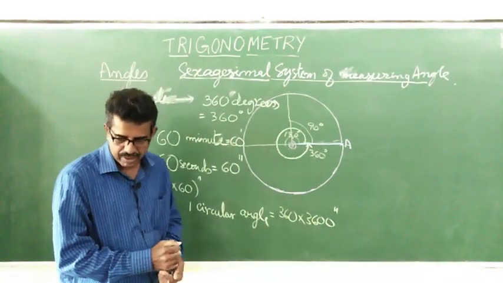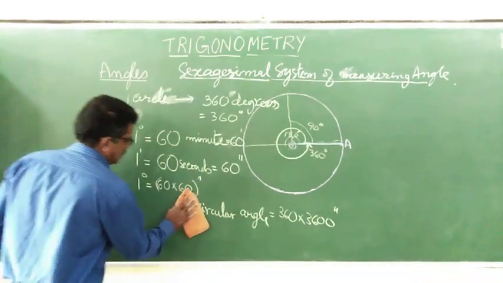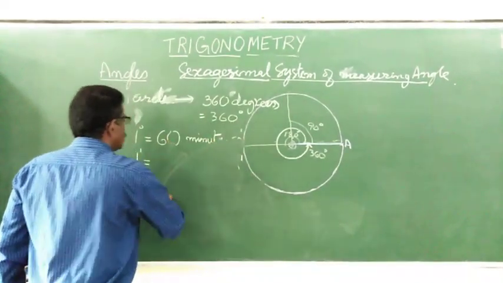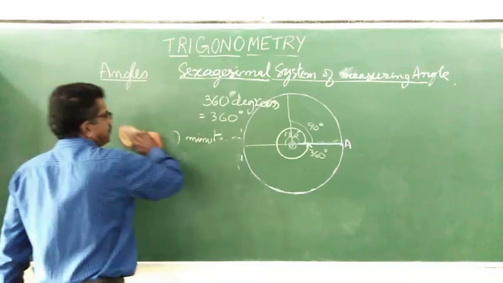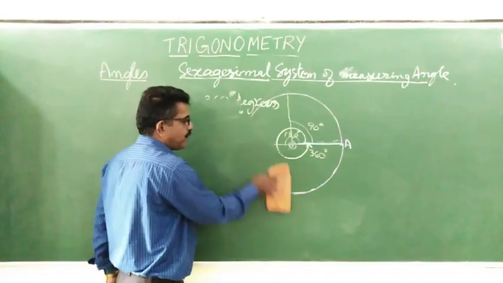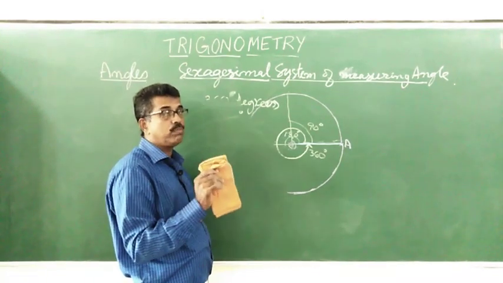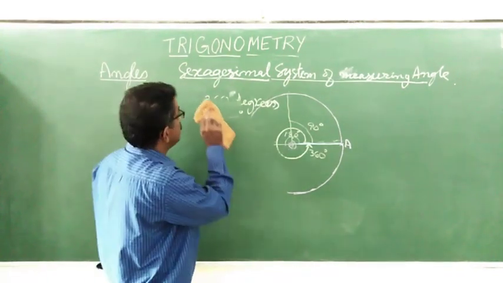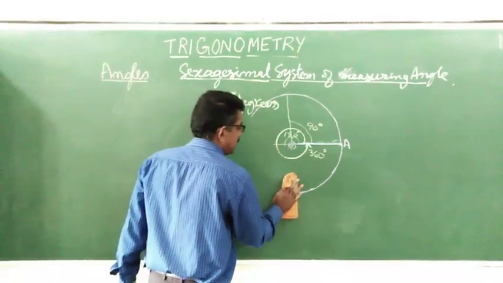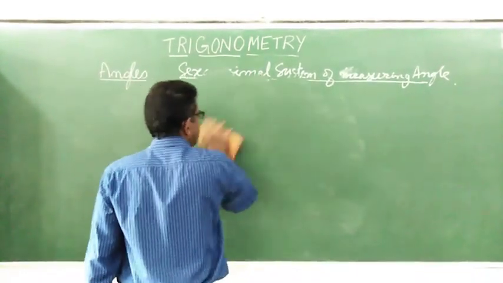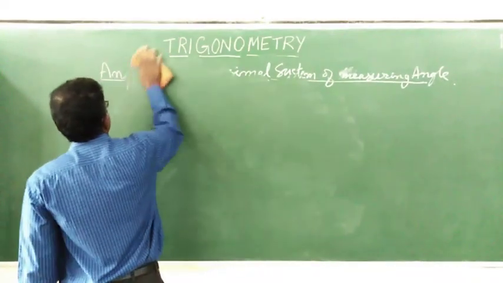It is not important. It is not given in the textbook, and there is no importance given to this, only for fun's sake. You need not give much importance to this. This is one system. At our level, there is not much importance given to this system of measuring angles, the sexagesimal system.